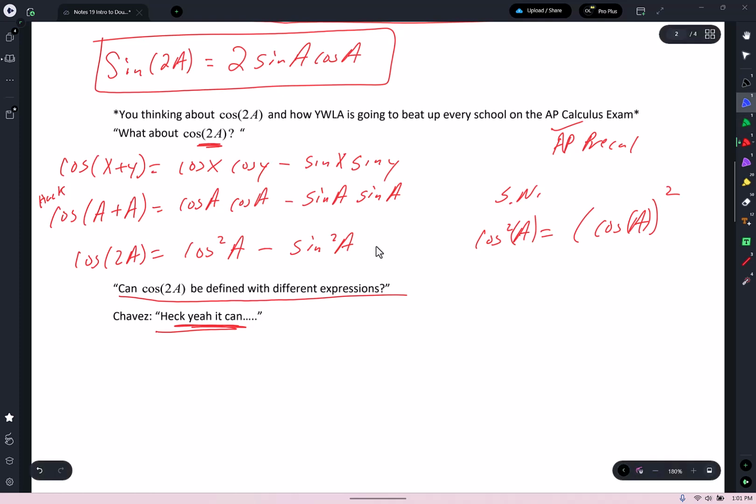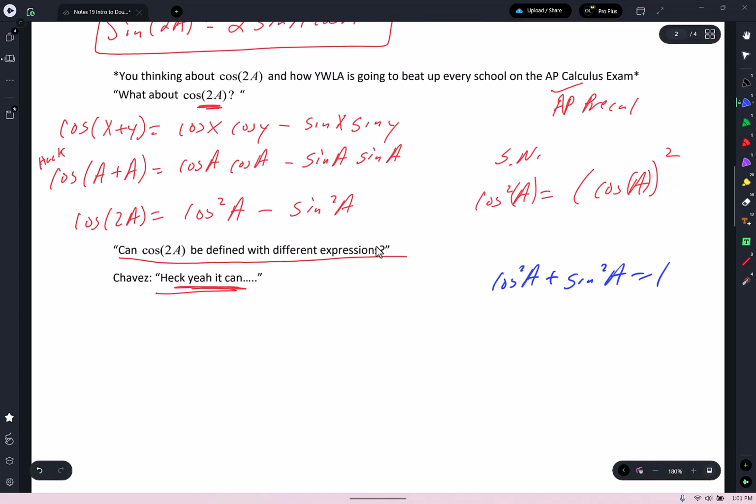Hopefully you remember that cosine squared a plus sine squared a equals 1. If you isolate the cosine squared, here's one bullet: cosine squared a equals 1 minus sine squared a. I can replace the cosine squared a with this.